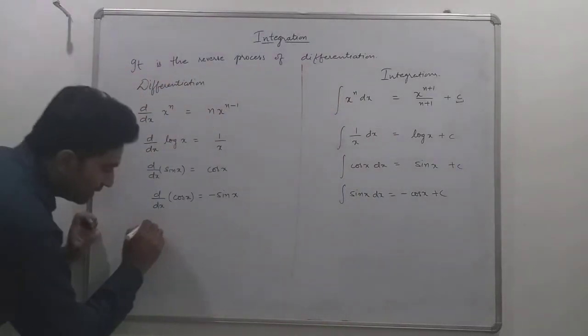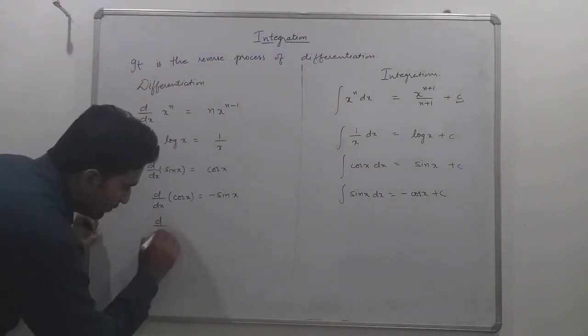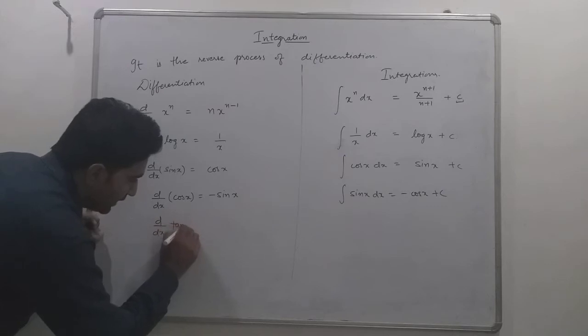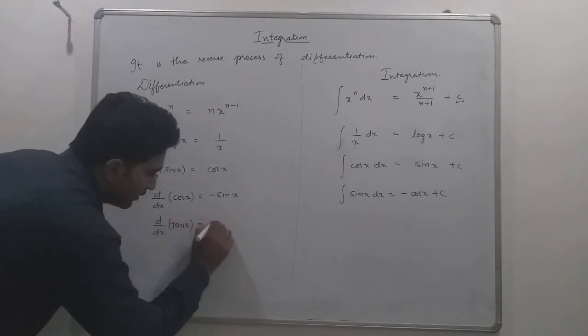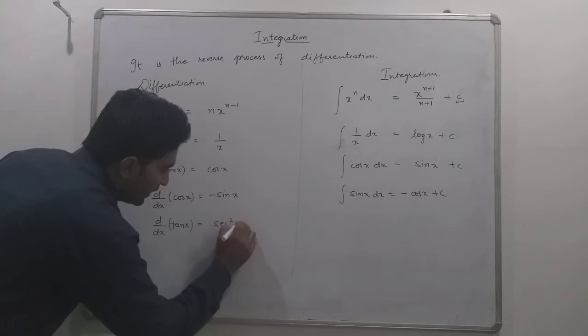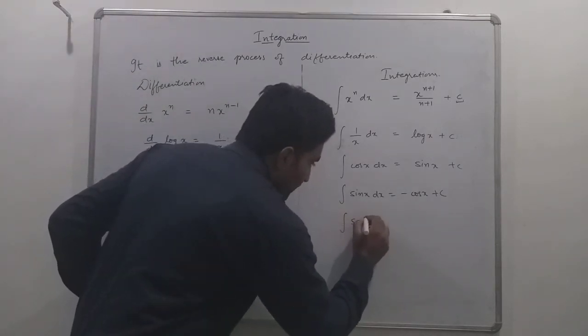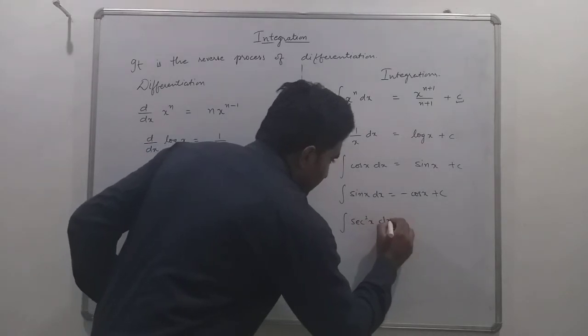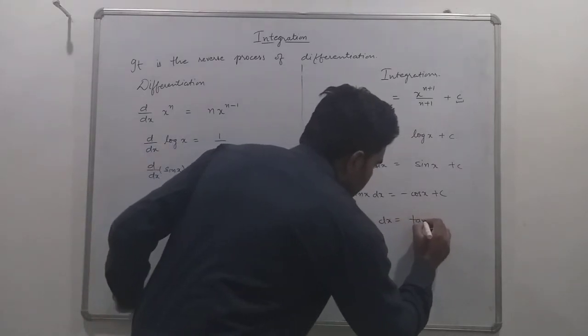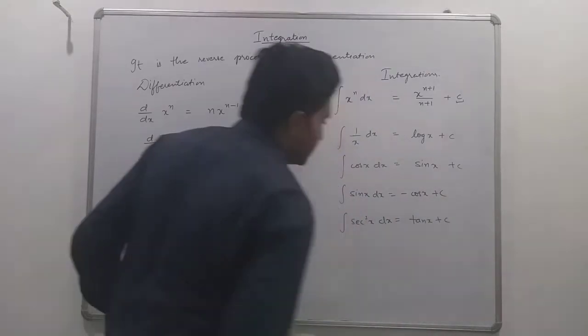Okay, next the differentiation of tangent x is equal to secant square x, and the integration of secant square x dx is equal to tangent x plus c.